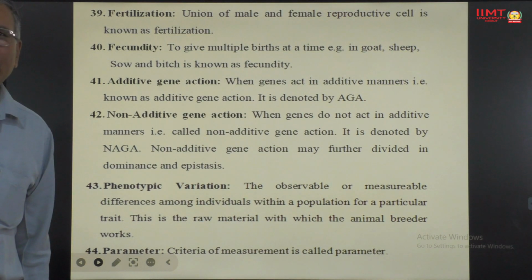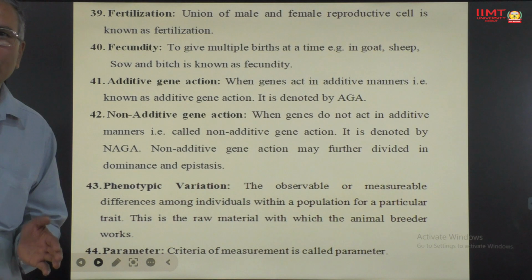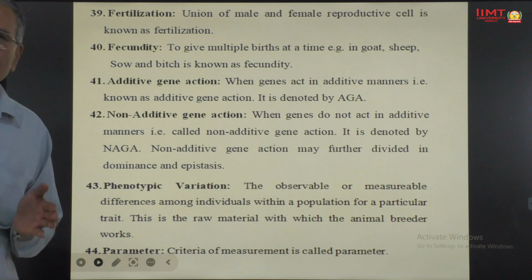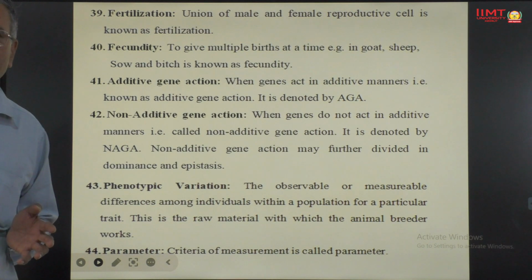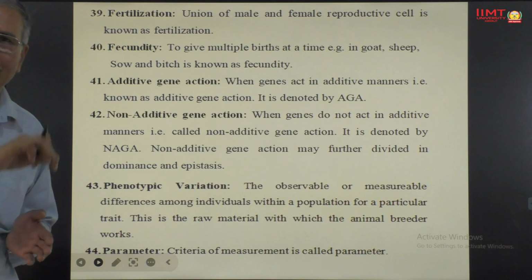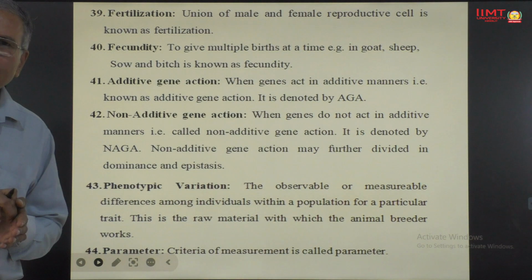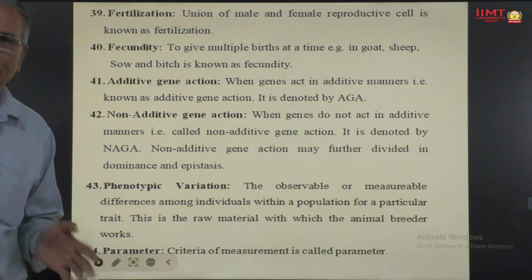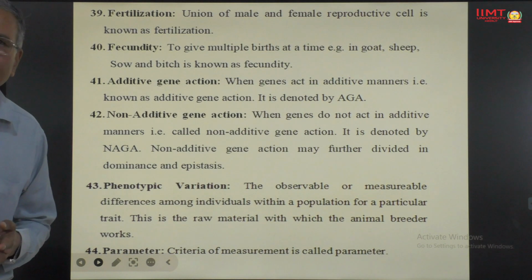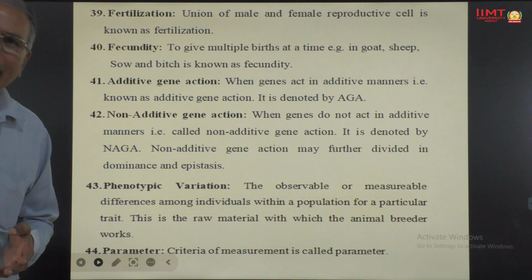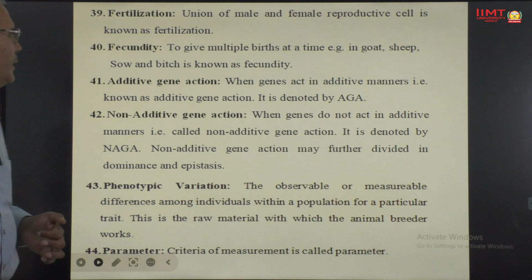For example, in the case of sheep, goat, sow and bitch, multiple births take place at a time. Such a condition is known as fecundity. Fecundity means giving multiple births at a time.